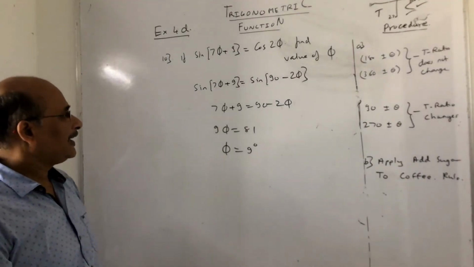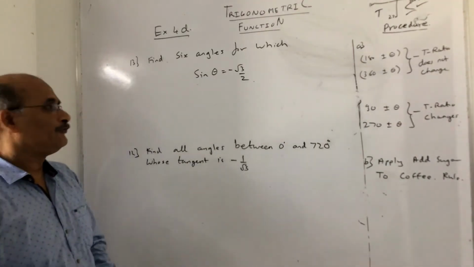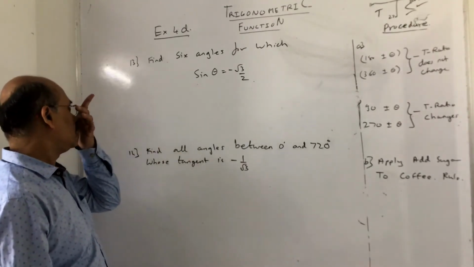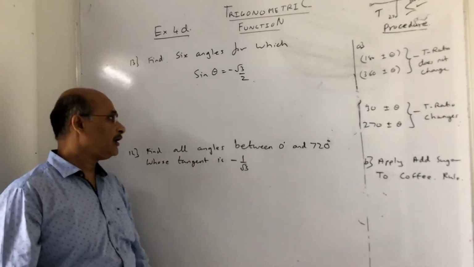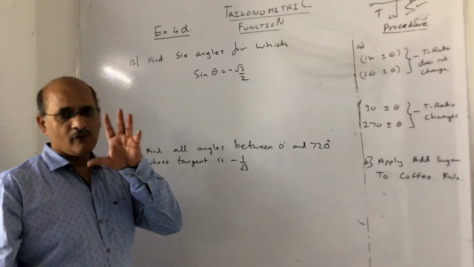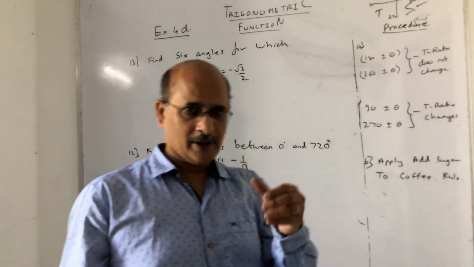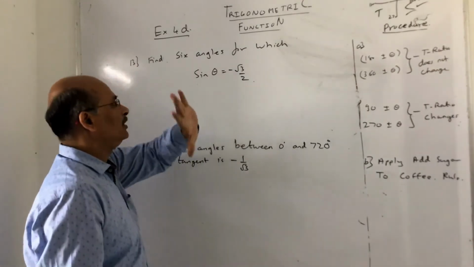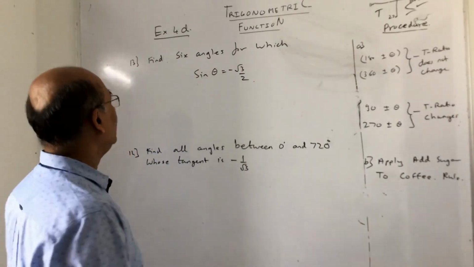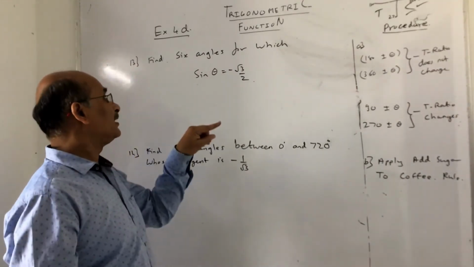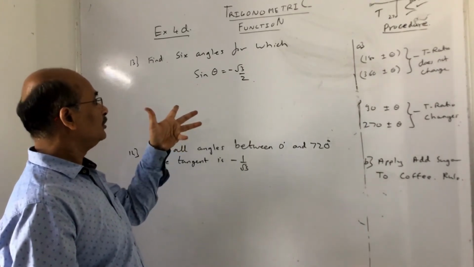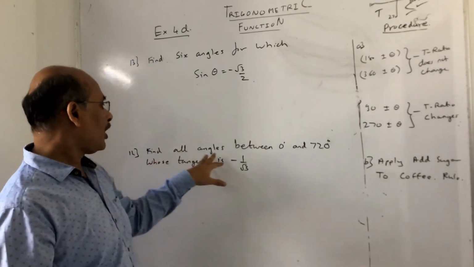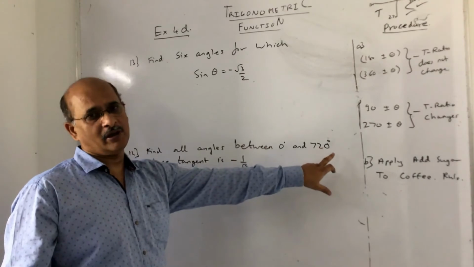So pause. And children, this is one of the very important parts of the exercise 4D questions. Your working is very limited. Okay, I'll just share the logic. You just put across those angles here. That's what the answer demands. They are telling to find 6 angles, no limitation. Whereas here, find all angles between 0 degree and 720 degree.